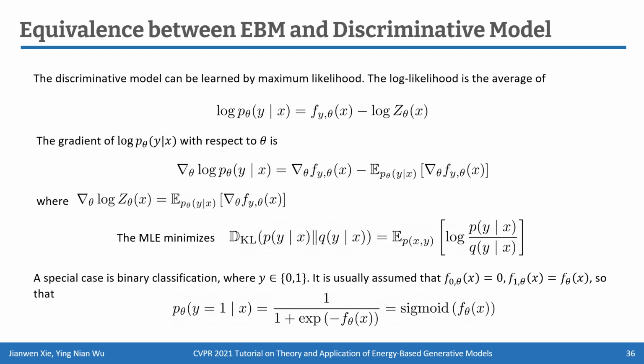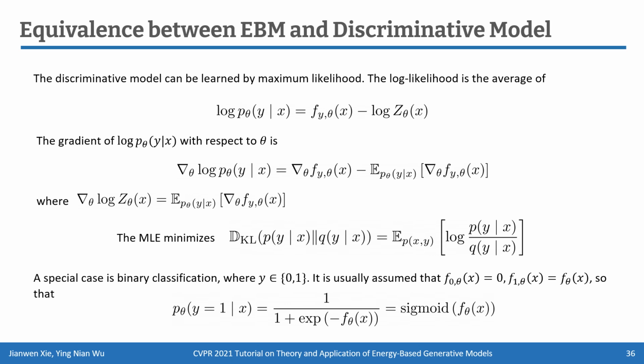The gradient of the log likelihood with respect to the parameter theta involves an expectation term due to the derivative of log Z. The maximum likelihood minimizes the KL divergence between the conditional distribution of data and the model. The calculations are analogous to those for the energy-based generative model. The difference is that for the discriminative model, the normalizing constant Z and the expectation are summations over Y, where Y belongs to a finite set of categories.